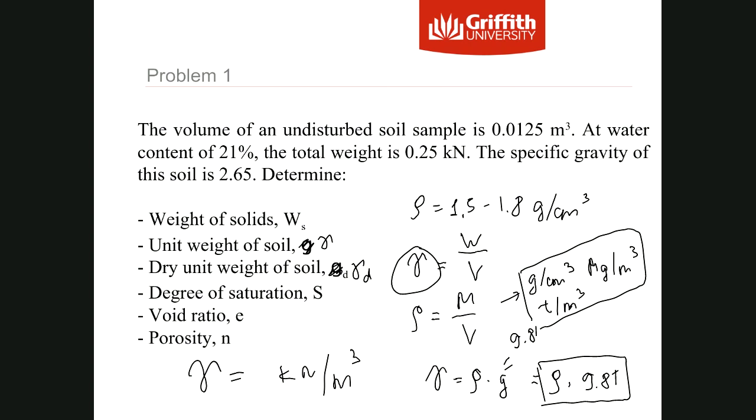Kilonewtons. This is the way that we do it in soil mechanics. Just make sure you don't make any mistake with these numbers, conversion factors and units. Again, we will do lots of things like that.